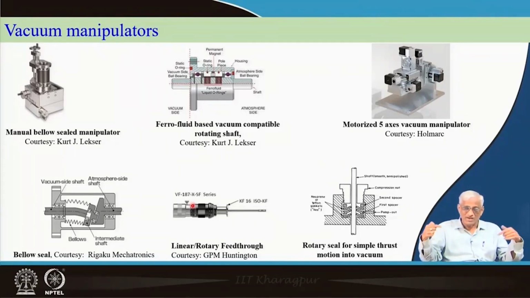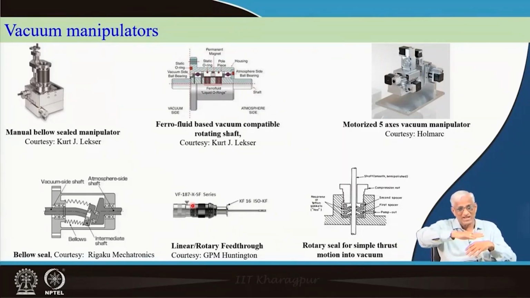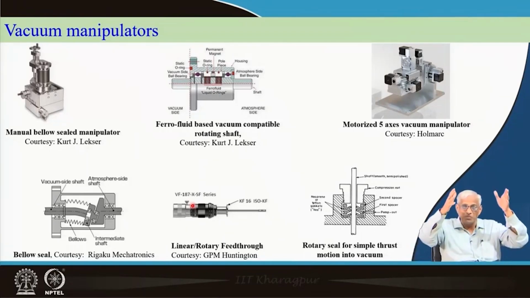Even the manipulators have to be designed in such a way that very precisely they will open a shutter, in such a way that flux is controlled, or we are controlling something electromagnetically. So, some other motion is going on inside, whether it is a translation or rotary motion. So, that process is controlled properly.